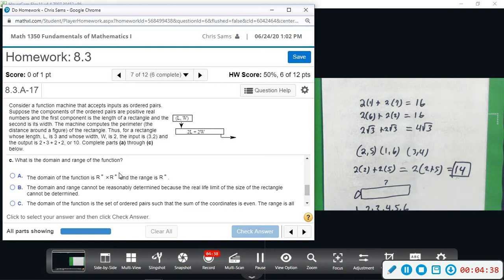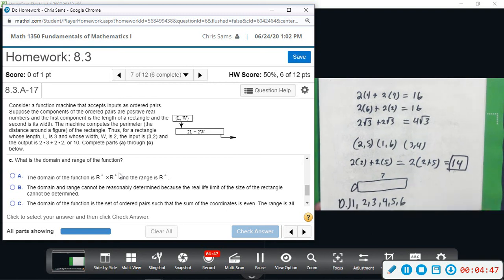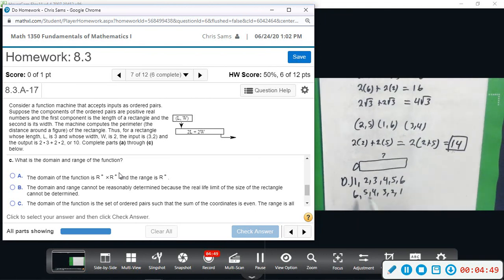So if I use 1 for width, 6 would be the length, 2 and 5, 3 and 4, and so on. So this would be just a listing of your domain and range. So D for domain, R for range, and the pairing of these numbers.